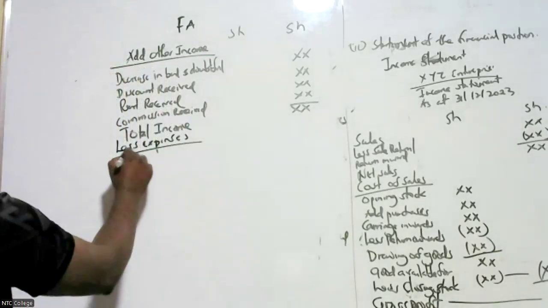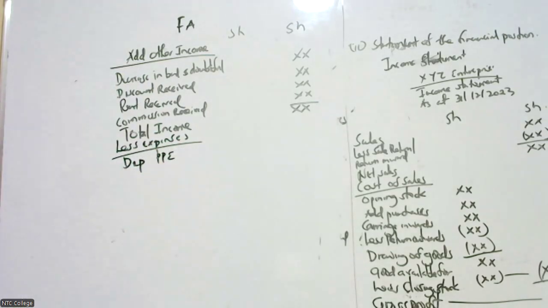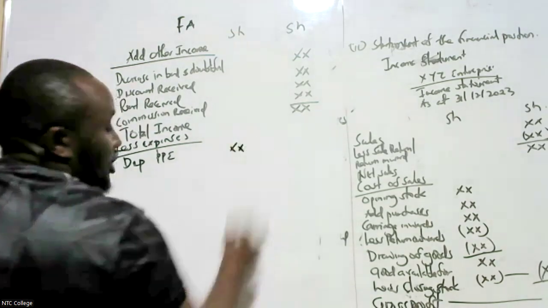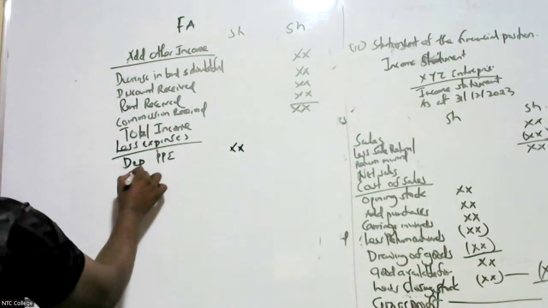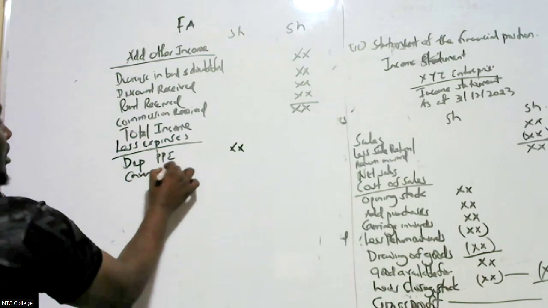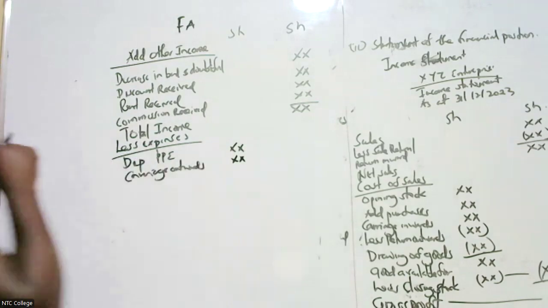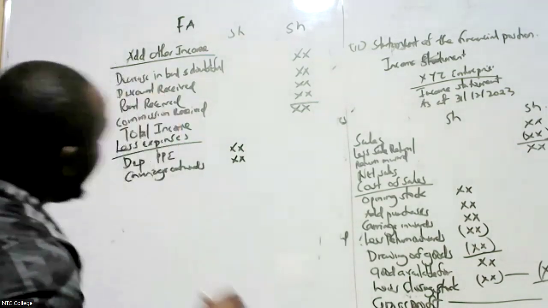We have depreciation. So when you say depreciation of PPE, PPE includes building, furniture and fittings. Then you have carriage outwards. We can have bad debts written off.